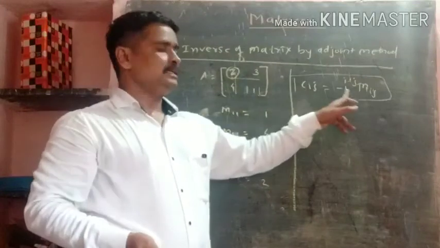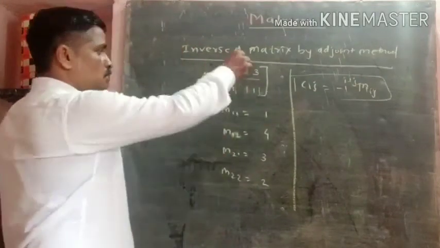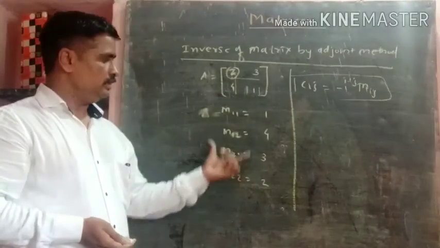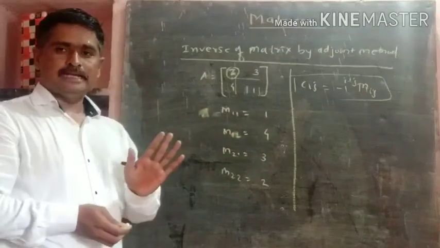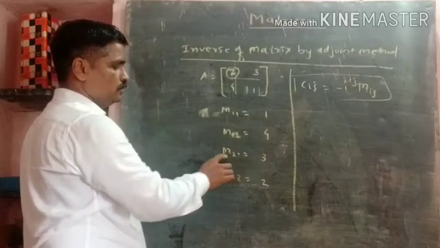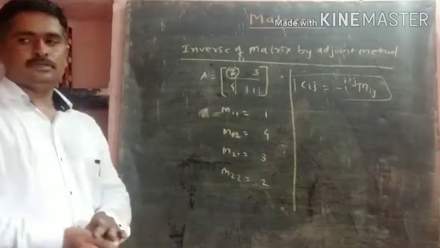Cofactor is nothing but a minor into minus 1 raised to i plus j. First of all, write the minor of each number. So M11 equals 1, M12 equals 4, M21 equals 3, M22 equals 2.